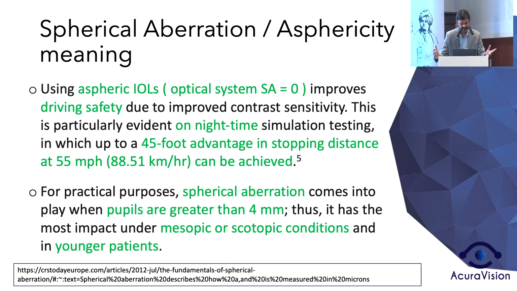And if we look at spherical aberrations, they become active only at larger pupils, meaning that they are useful in younger patients mostly.